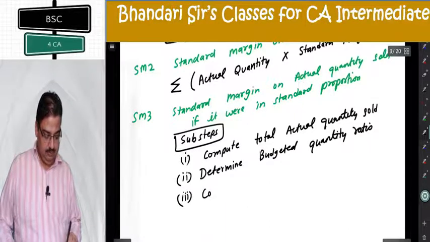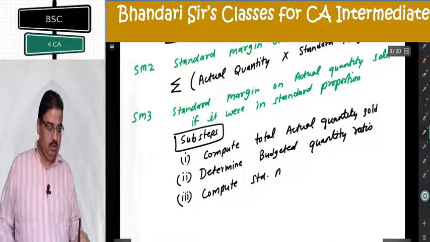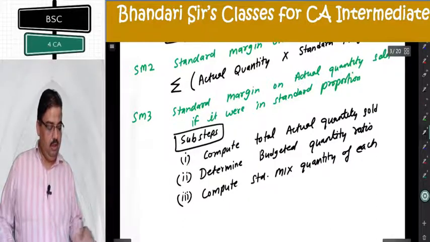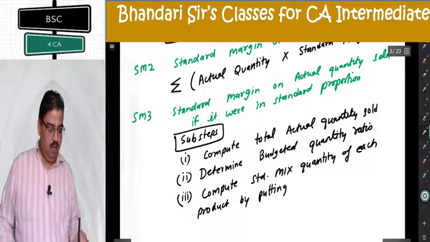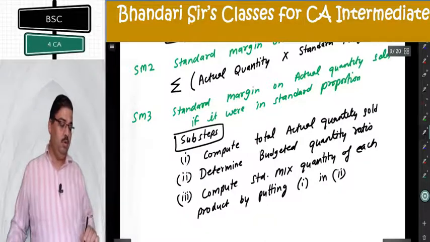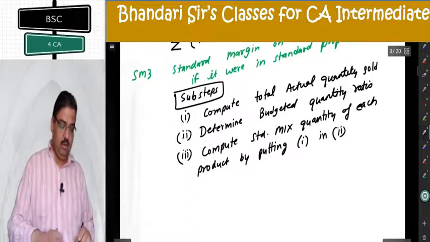Number 3, compute standard mix quantity of each product by putting 1 in 2. Total actual quantity put in budgeted quantity ratio, you get standard mix quantity.